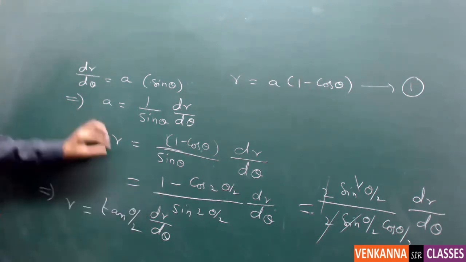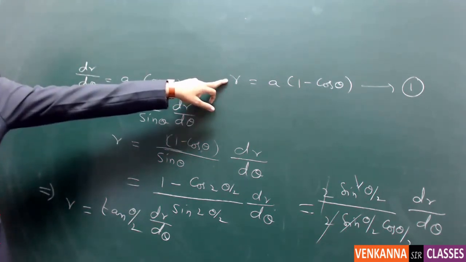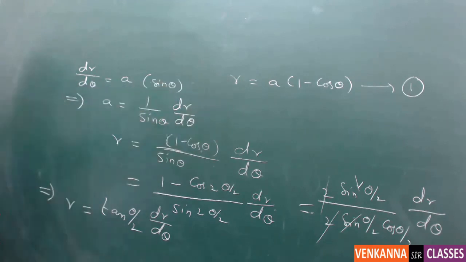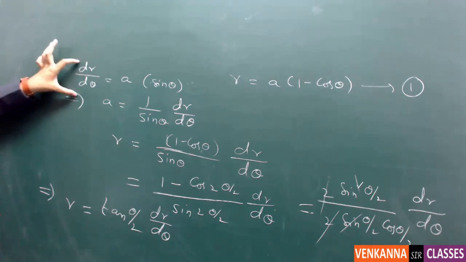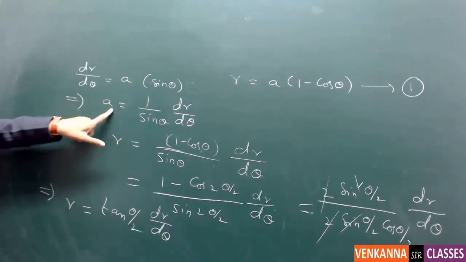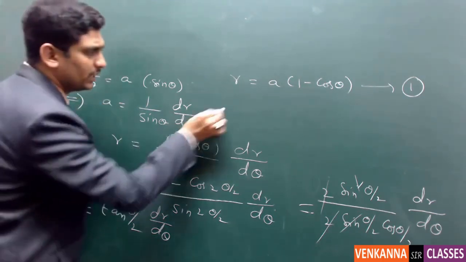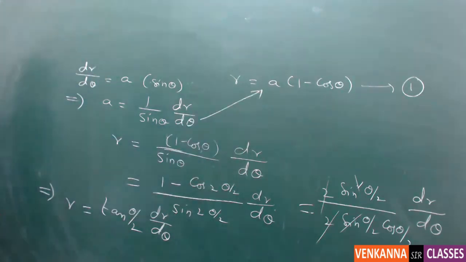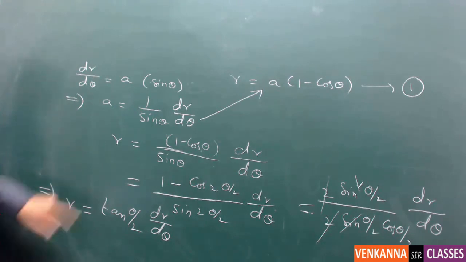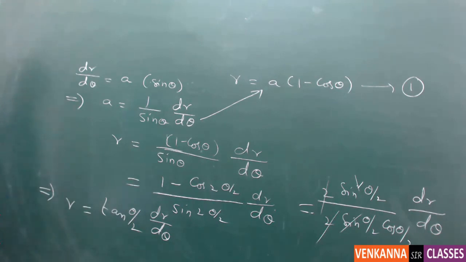Yeah. So this is our given equation, r is equal to A into (1 minus cos theta). Differentiating with respect to theta on both sides, dr by d theta is equal to A into sin theta. From this we have A is equal to 1 by sin theta into dr by d theta. This value is substituted in the given equation to eliminate the parameter A. So we have r is equal to (1 minus cos theta) by sin theta into dr by d theta.